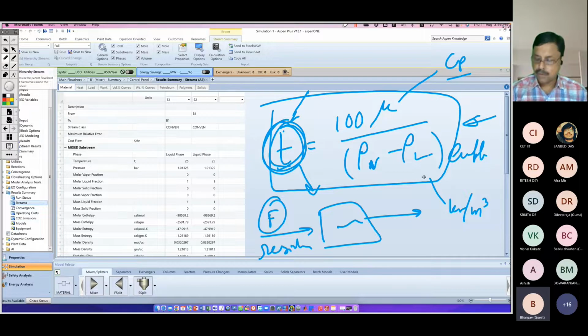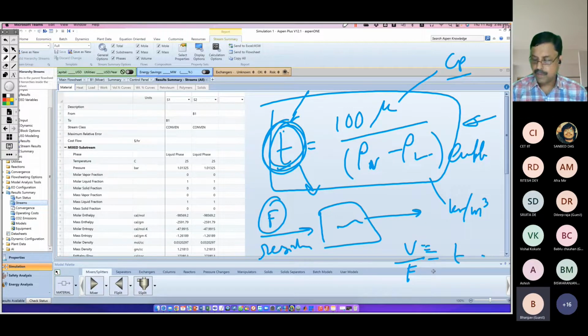So what should be the volume? What is the residence time? The volume by F, that is T, right?